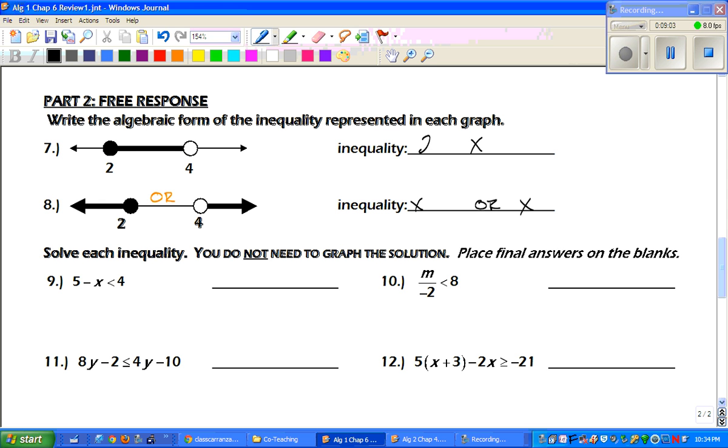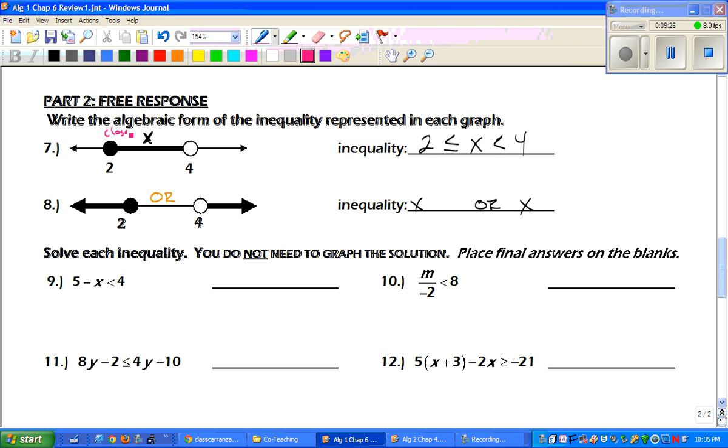Now, our numbers are 2 and 4. So x is this middle part all in here, okay? So x can be greater than, oh, I'm saying this wrong. X has to be less than 4. It's open, and then it's closed right there.